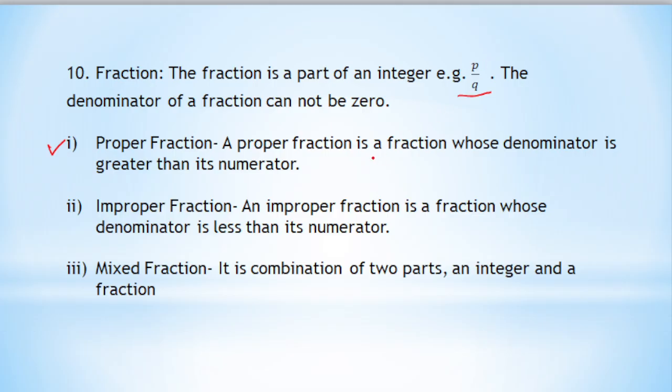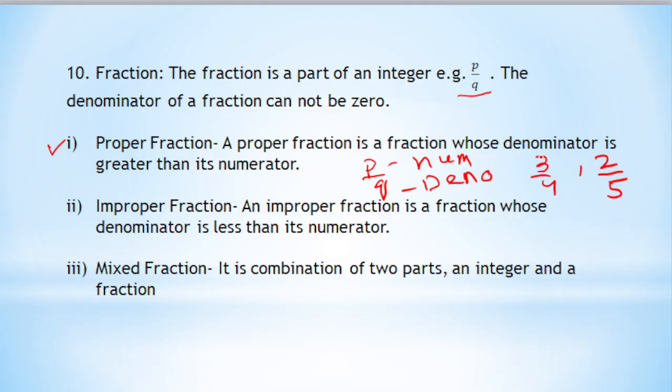That means if it is in the p by q format, here p is the numerator and q is the denominator. For example 3 by 4, 2 by 5. These are proper fractions.